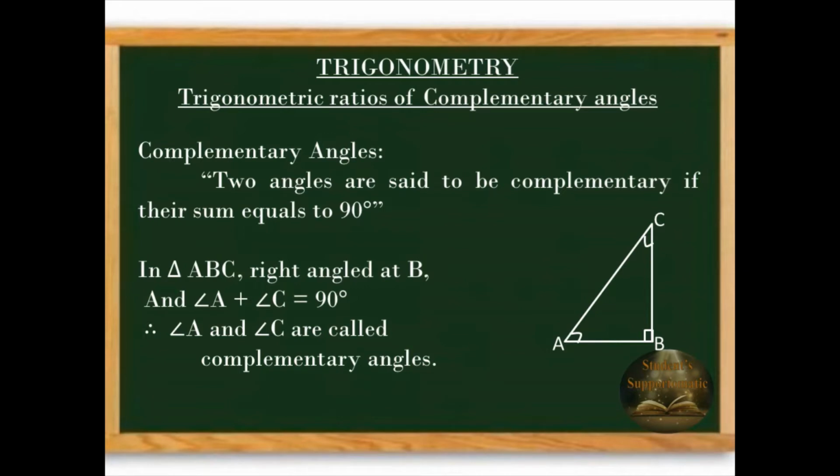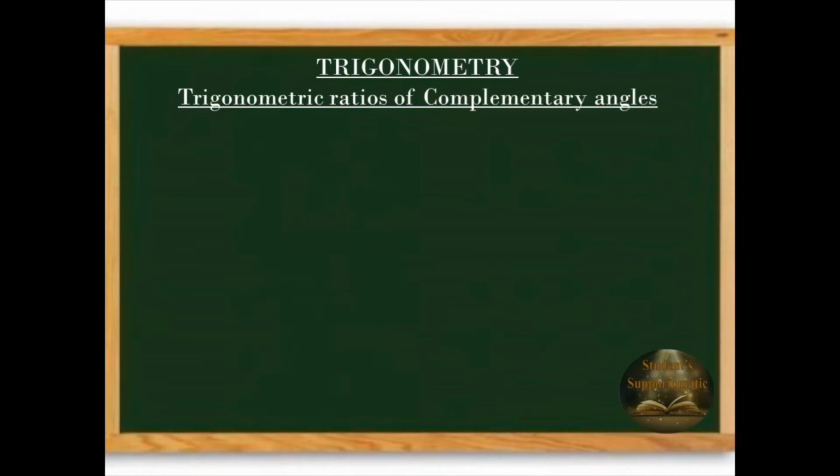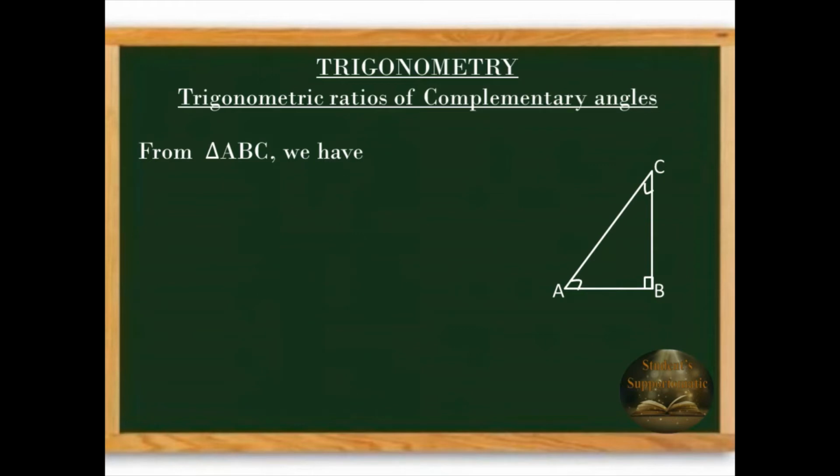Now let's see the trigonometric ratios of complementary angles. So from triangle ABC, if we consider the angle A, then the opposite side is BC and the hypotenuse is AC. So sine A is equal to BC by AC, and cos A is equal to the adjacent side AB by AC.